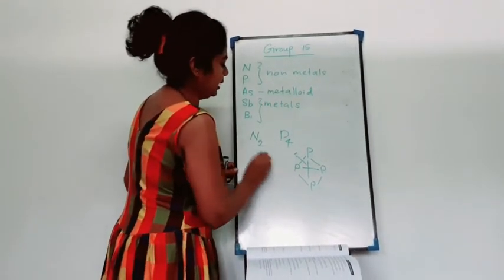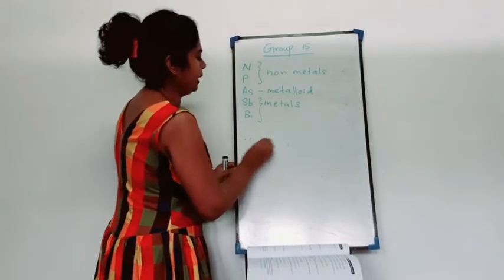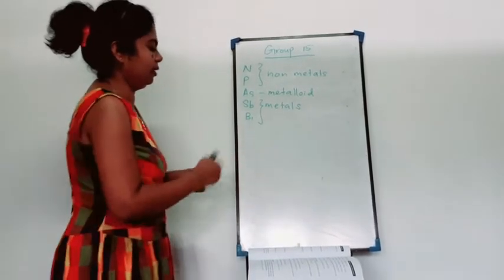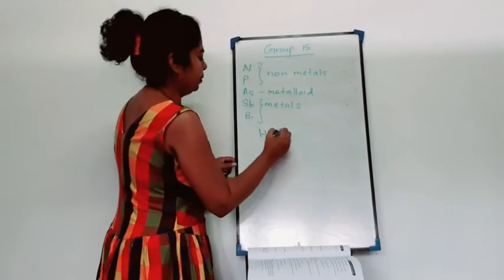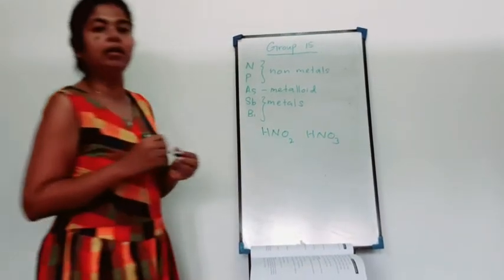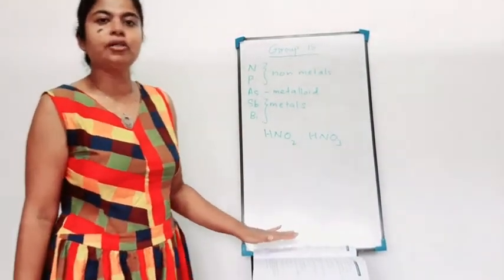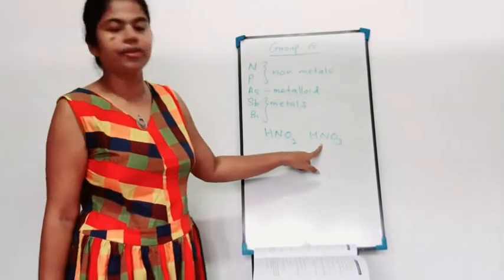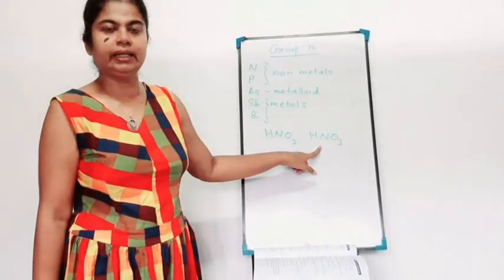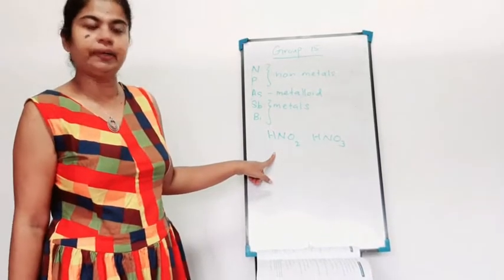Earlier also we discussed oxoacids of nitrogen. We can take HNO2 and HNO3. In the previous part I explained the structure of HNO3, so similarly, try to draw the structure of HNO2.